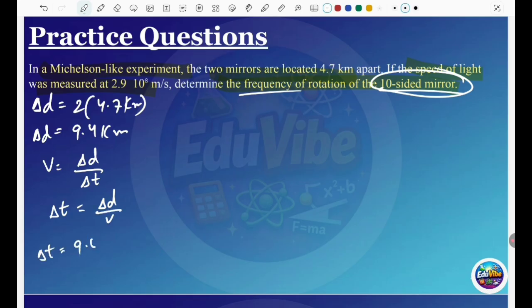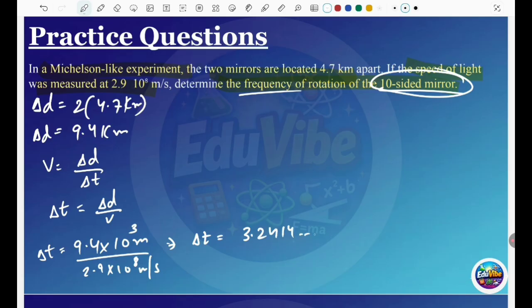So 9.4 kilometers in meters is 9.4 times 10 raised to the power 3 meters, divided by v, which is 2.9 times 10 raised to the power 8 meters per second. You get a delta t of about 3.2414 times 10 raised to the power minus 5 seconds.